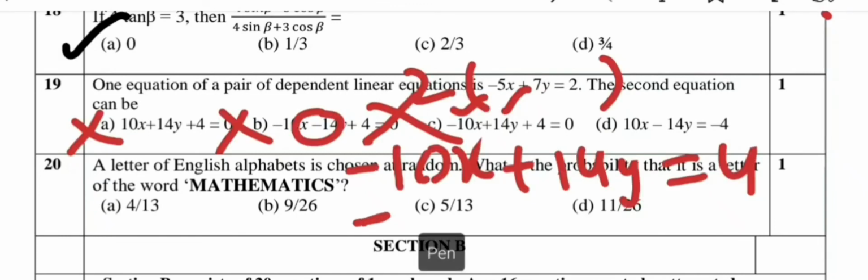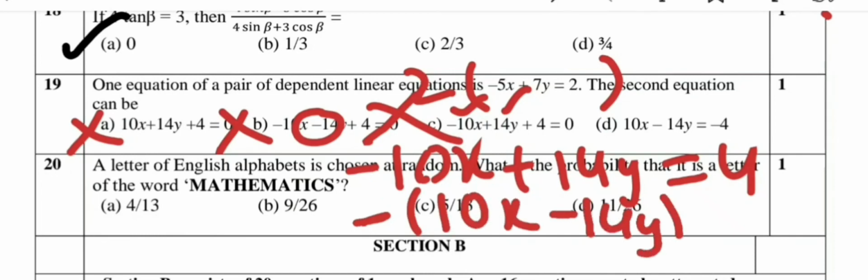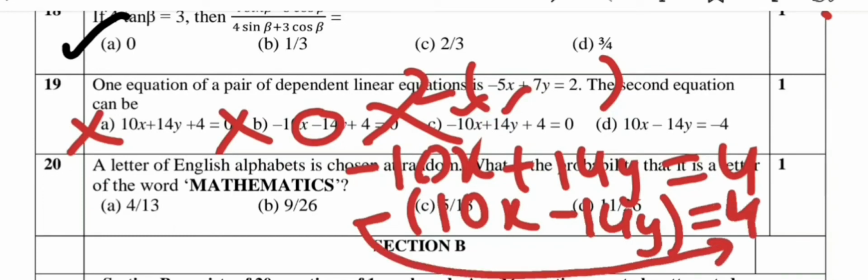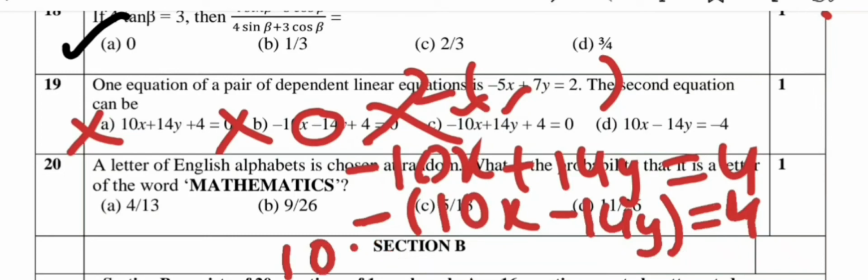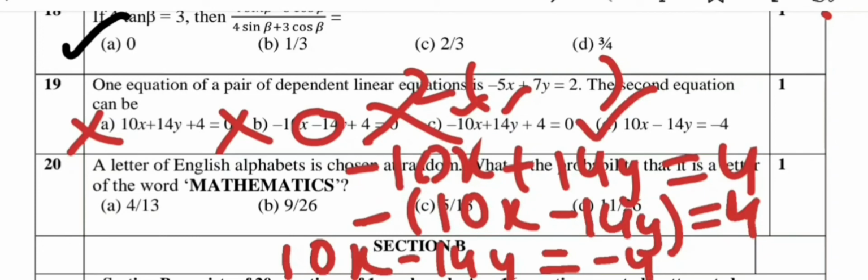Then if we look at option D, here we see that we have all the terms with opposite sign. Now if I take minus sign common from this, then what will I be left with? 10x minus 14y, and this minus sign will go on the right side. So this minus sign will go here and I will be getting 10x minus 14y equals minus 4.